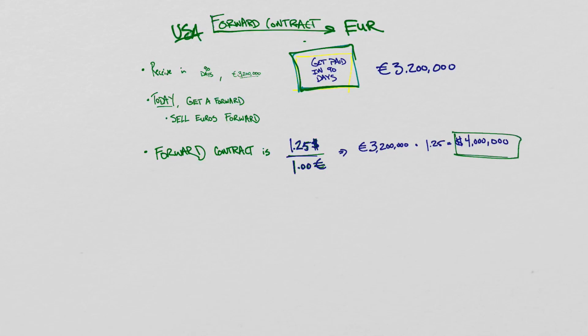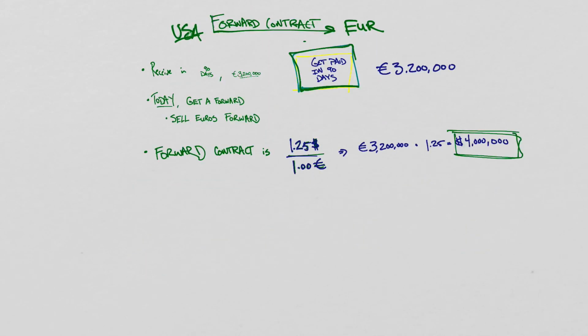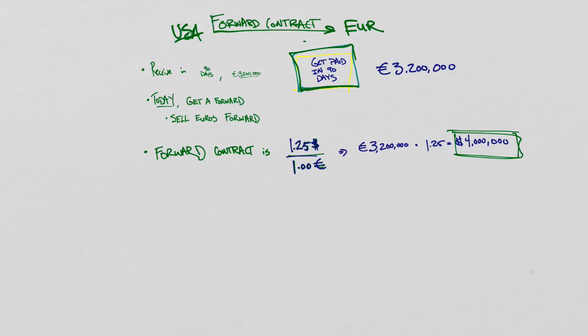But let's take a look, because if we want to compare, we've learned two different hedging approaches, the money market and the forward contract. We can take either approach for this client that's going to pay us in 90 days. But which one gives us more money? Well, in this case, with the forward contract, we receive $4 million in 90 days. With the money market hedge, we receive $3.87 million today.